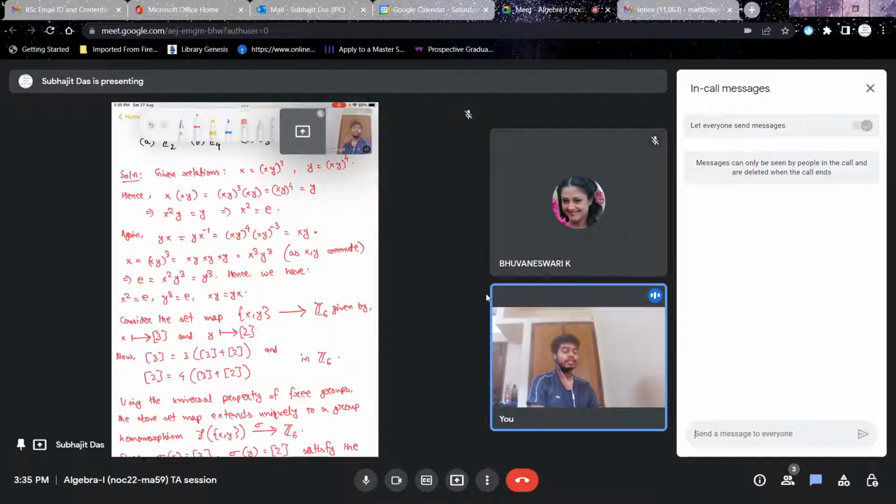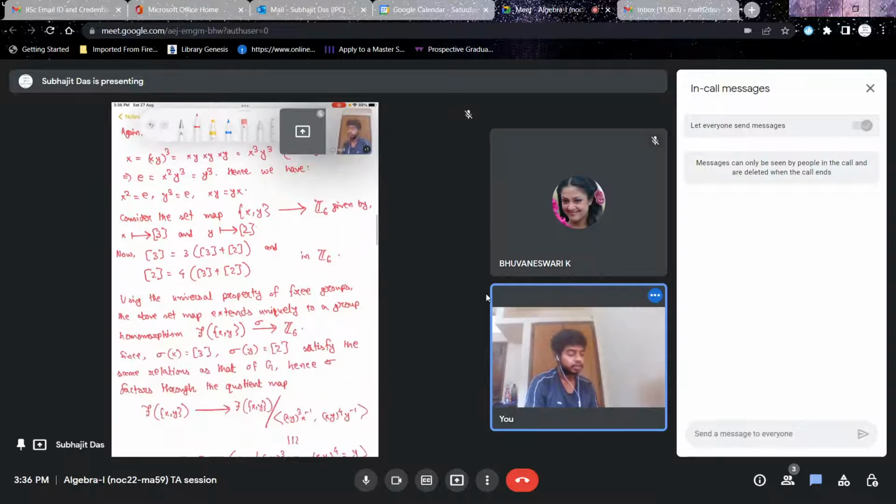Now since G is generated by x and y, every element of G is some finite word in x and y, right? But since x and y commute, you can bring x's together and y's together. You can separate them. So every element is of the form x^i y^j, where i is 0 or 1 and j is between 0 and 2, right?